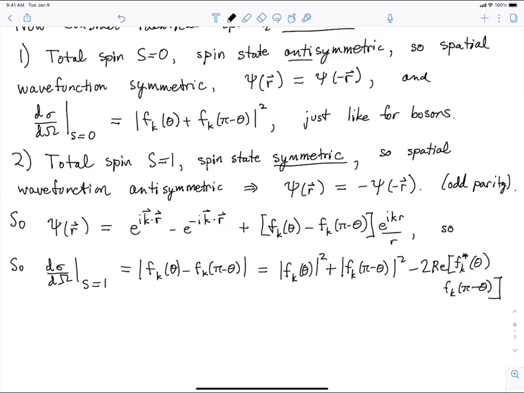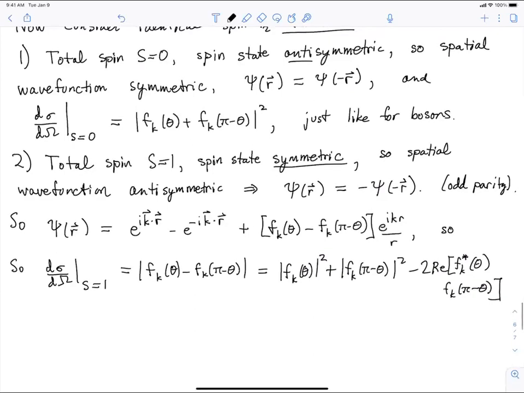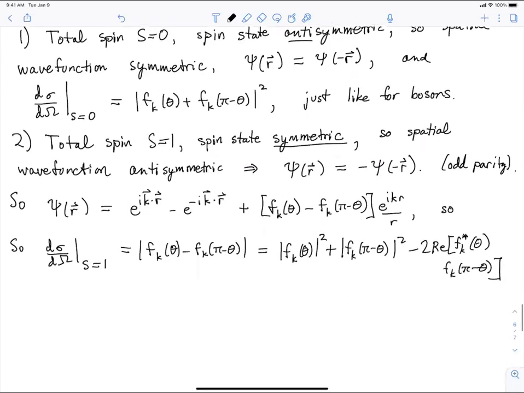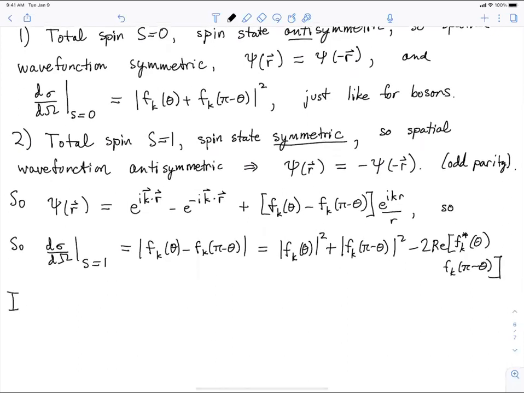So notice this holds even if I'm talking about a potential that doesn't depend on spin, and yet I'm getting a different answer for the differential cross section just based on the fact that the electrons have to be antisymmetric in total. So in particular, if you follow things through the way we did for bosons, this means at right angles I expect a 0 differential cross section.